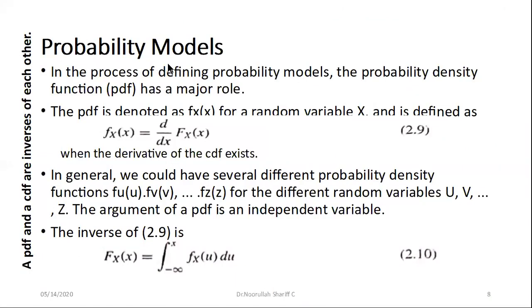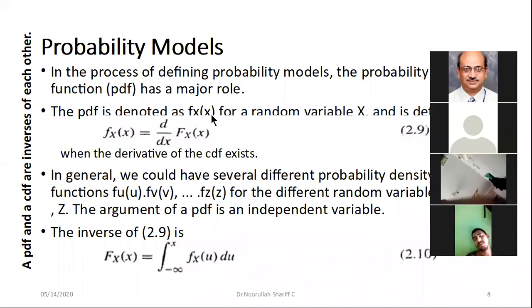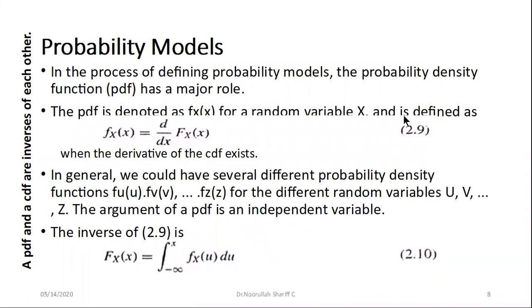Then we come to the probability models. Before going to the probability models, one of the very important terms which we use here is the probability density function, which is known as PDF, which plays a major role. The PDF is denoted by f_X(x) for a random variable X, and is defined as f_X(x) is equal to d by dx of F_X(x).